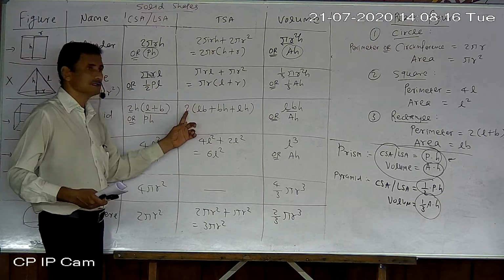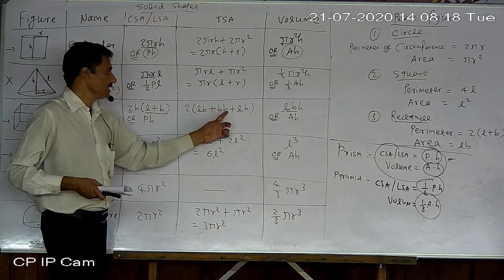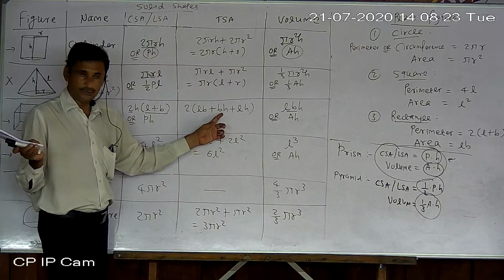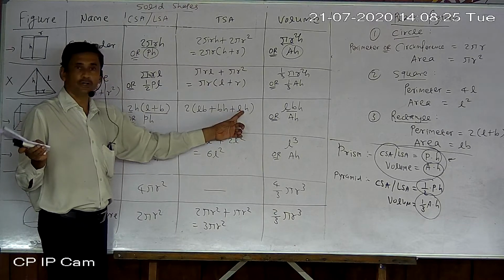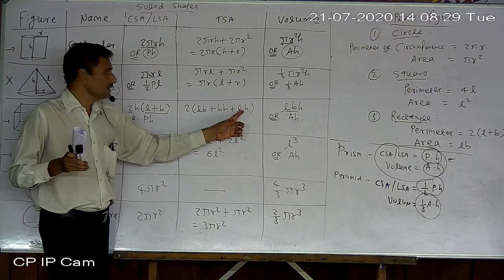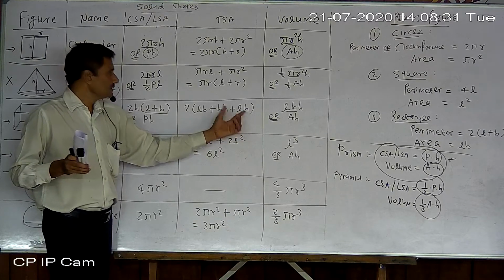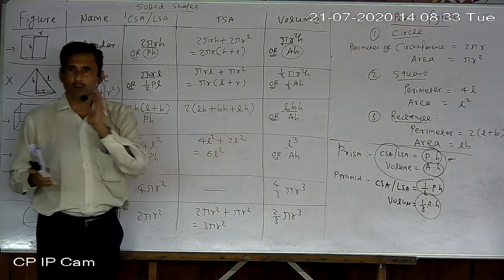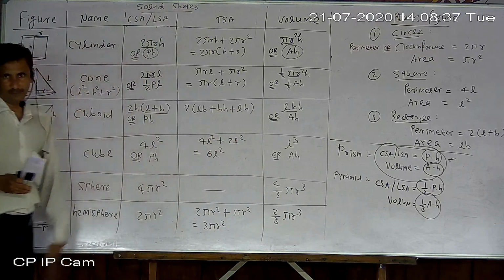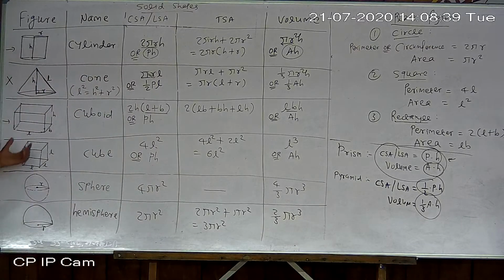L B becomes twice, top and floor. B H, any one pair of opposite walls, and this is the second pair of opposite walls. Opposite walls are equal when it is of cuboid shape. Now, look at cube.